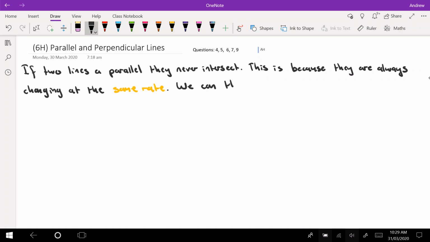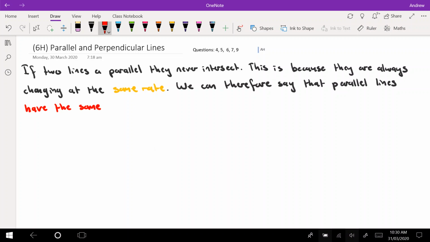We can therefore say that parallel lines have the same gradient. Parallel lines will have the same gradient.